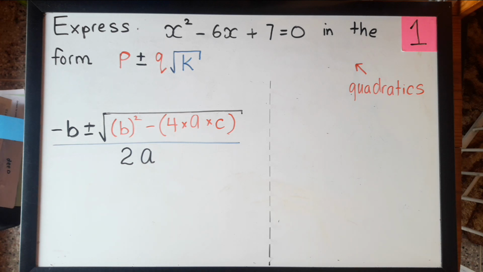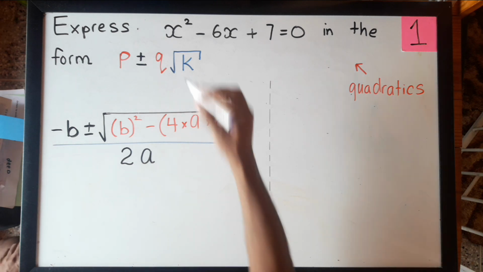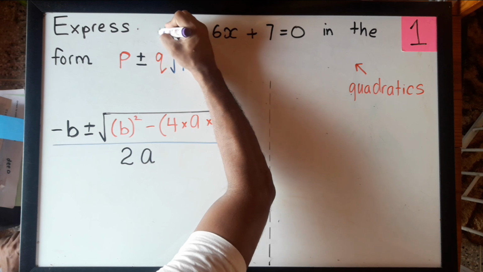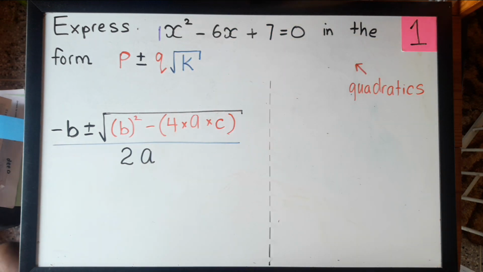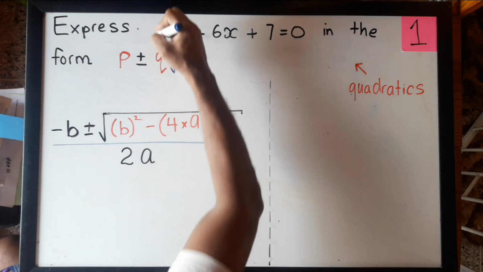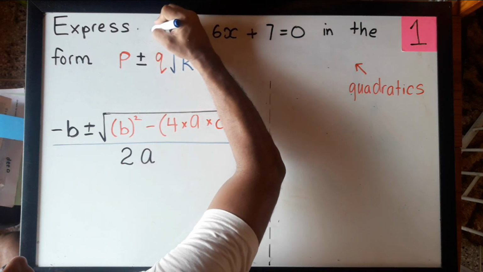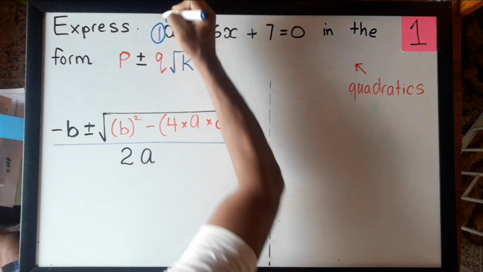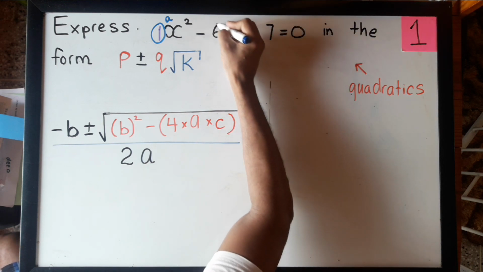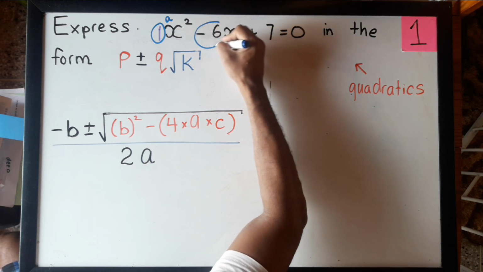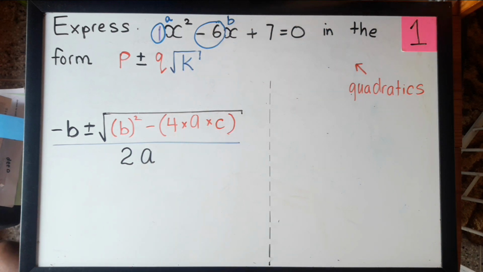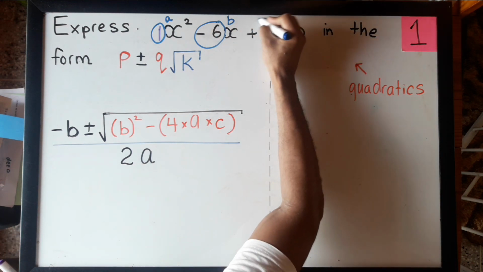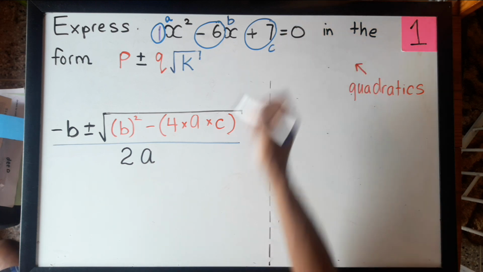Let's identify A, B, and C. Well, x squared is the same thing as 1x squared minus 6x plus 7. So whatever is touching x squared is A, so A is positive 1. Whatever is touching x is B, so B is negative 6, not positive 6, and C is positive 7.